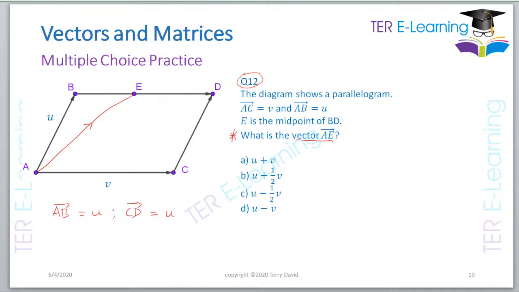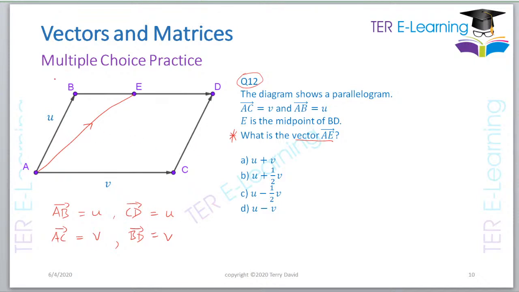That's the easiest thing to start off with. Also, we know that the vector AC is equal to V, and because it's a parallelogram, the vector BD will also be equal to V. So the fact that it's a parallelogram lets me make these statements.